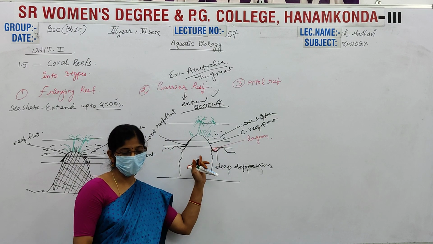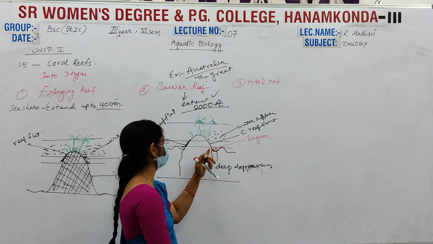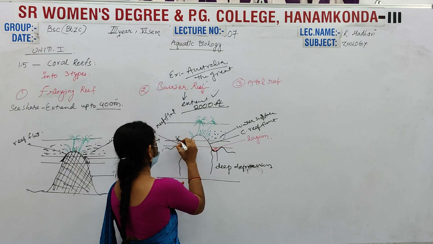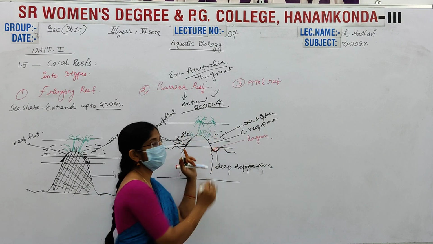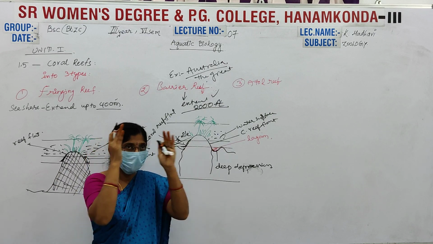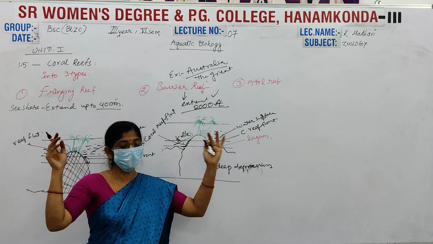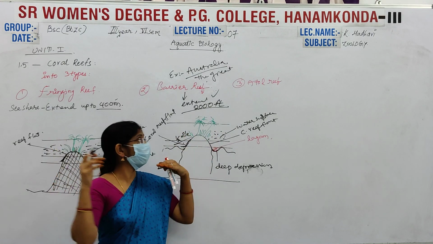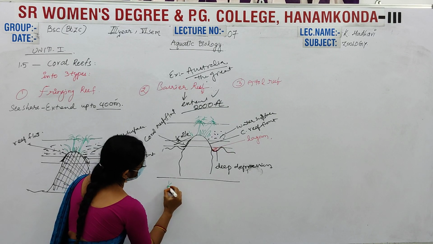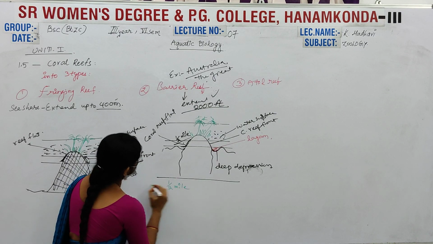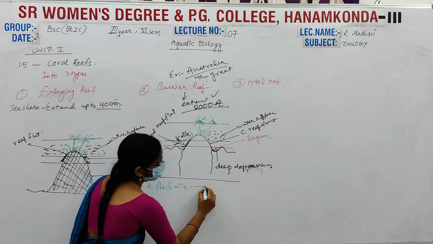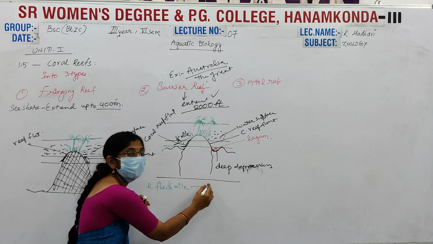Here the reef flat is half a mile to 10 miles in width. Half a mile to 10 miles width.